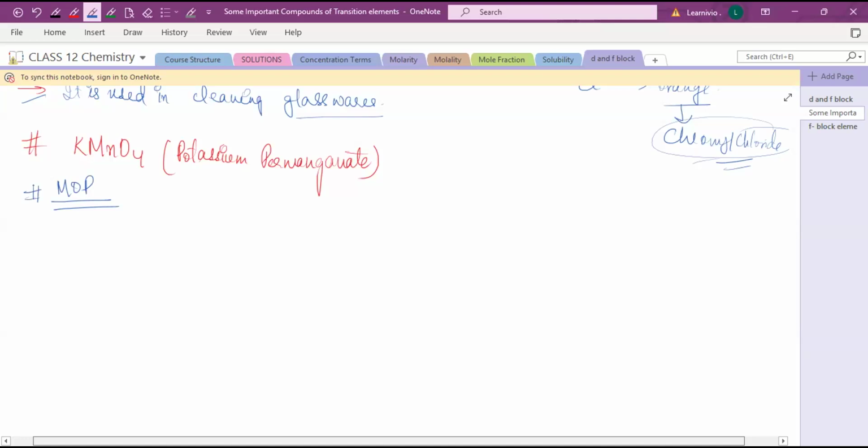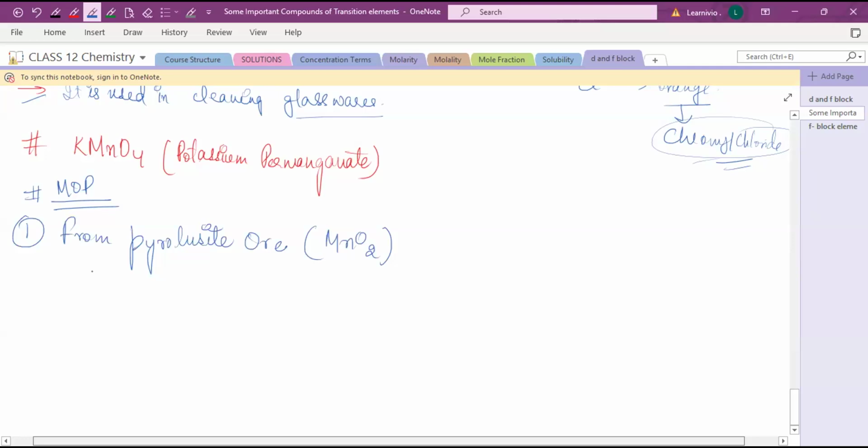The first method is from the pyrolusite ore. And what is pyrolusite ore? MnO2 is known as pyrolusite ore. Write down along with me: potassium permanganate is prepared from pyrolusite ore.